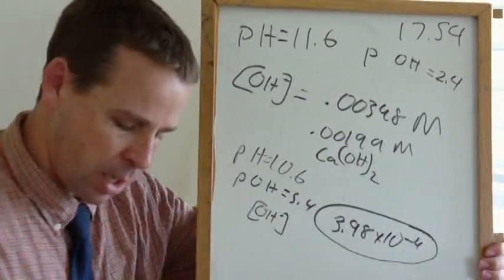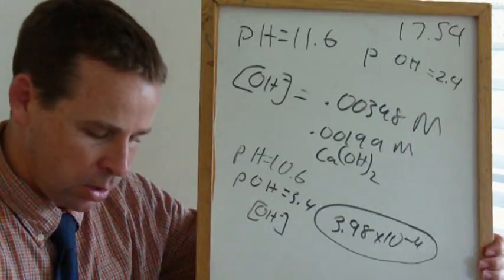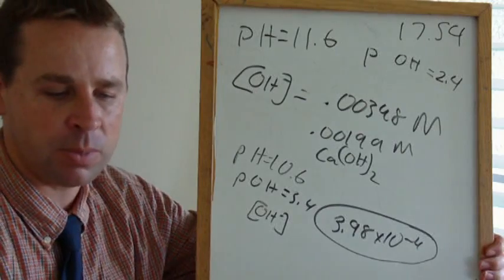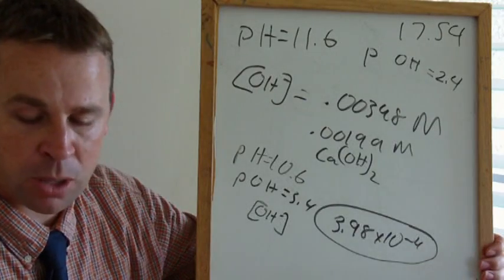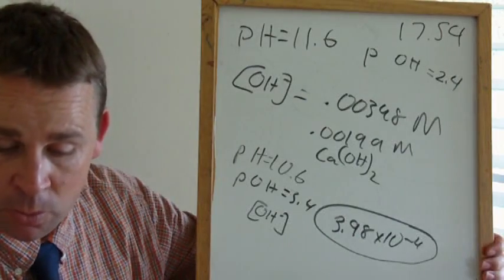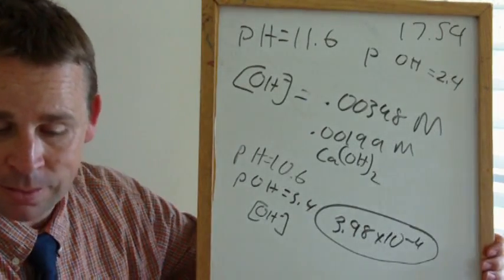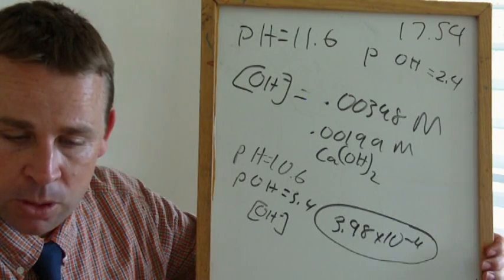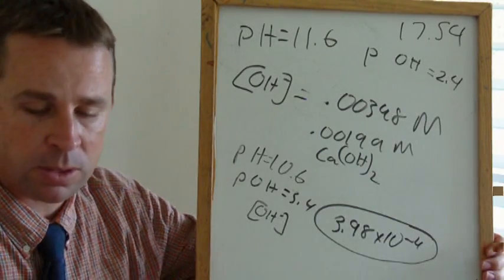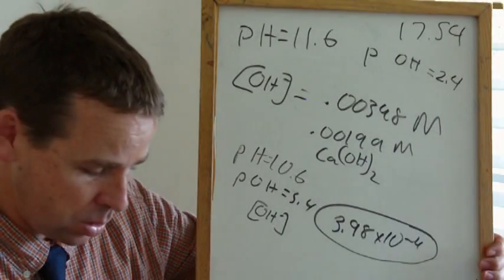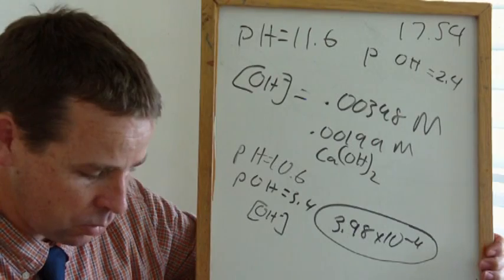That's the hydroxide ion concentration. We divide that by 2. So it's about 2 times 10 to the minus 4 should be the calcium hydroxide concentration. So that was 1754. What is the molar concentration of calcium hydroxide if it's diluted to 10.6? They just asked one question, and it's the 2 times 10 to the minus 4.